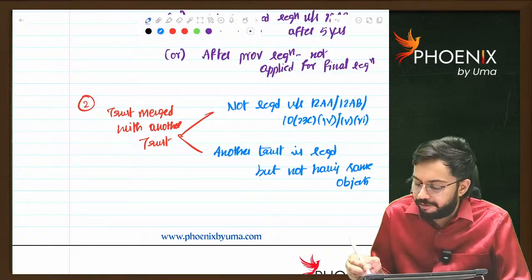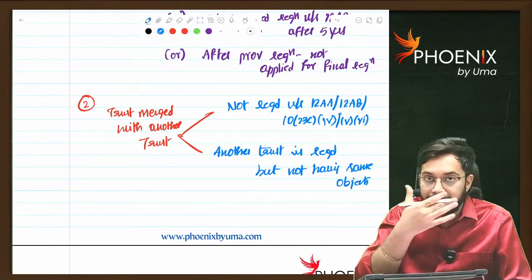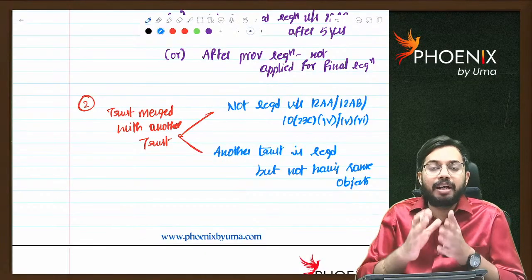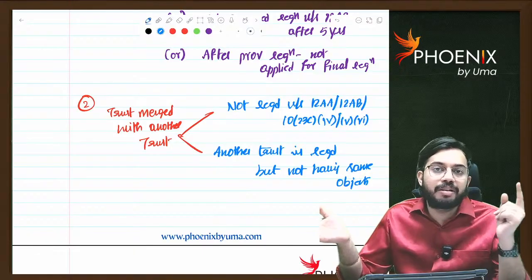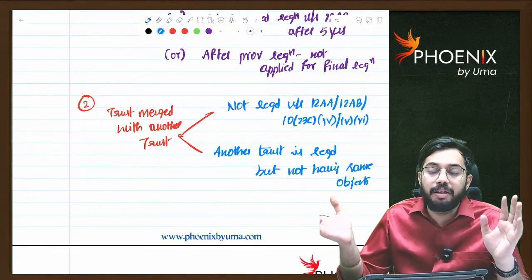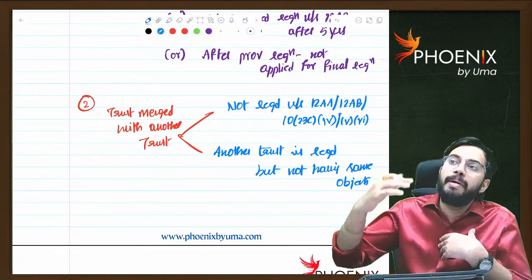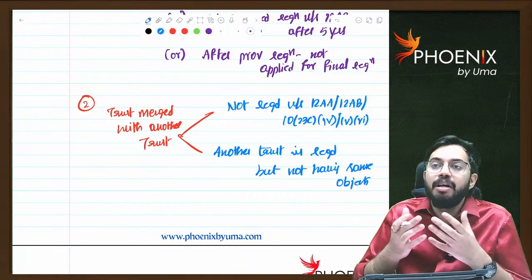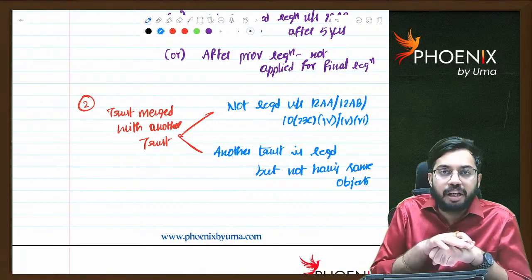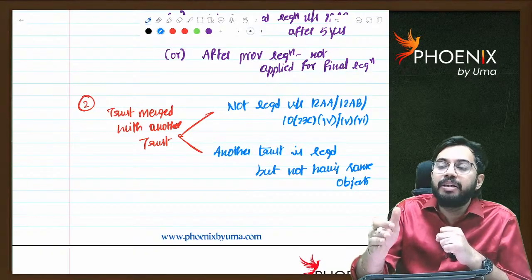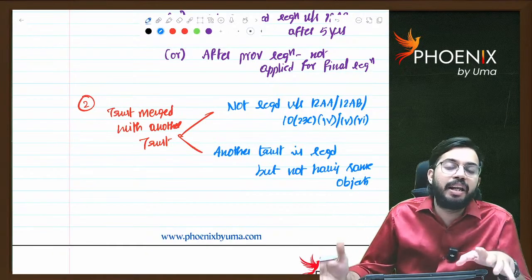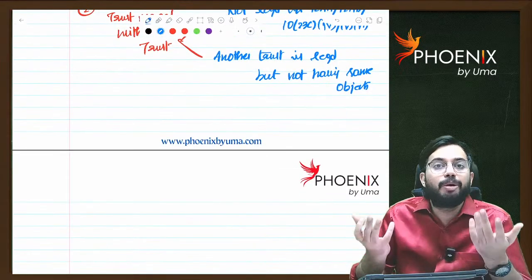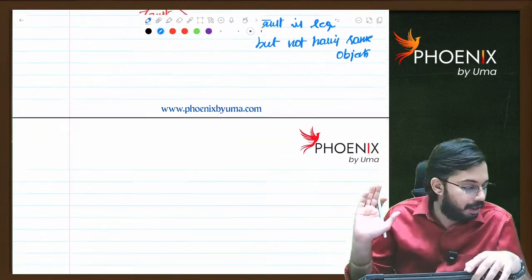That means, if one trust gets merged with another trust which is unregistered, then also the accreted income concept is applicable. Registered trust getting merged with another registered trust: like, I'm in the educational field, an education trust got merged with a hospital trust. Even though both are registered, still the accreted income concept is applicable because both objects are not the same.